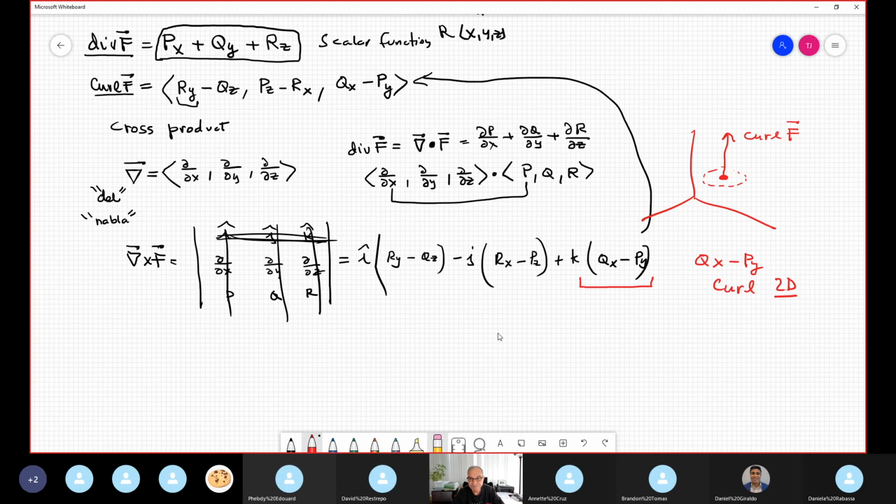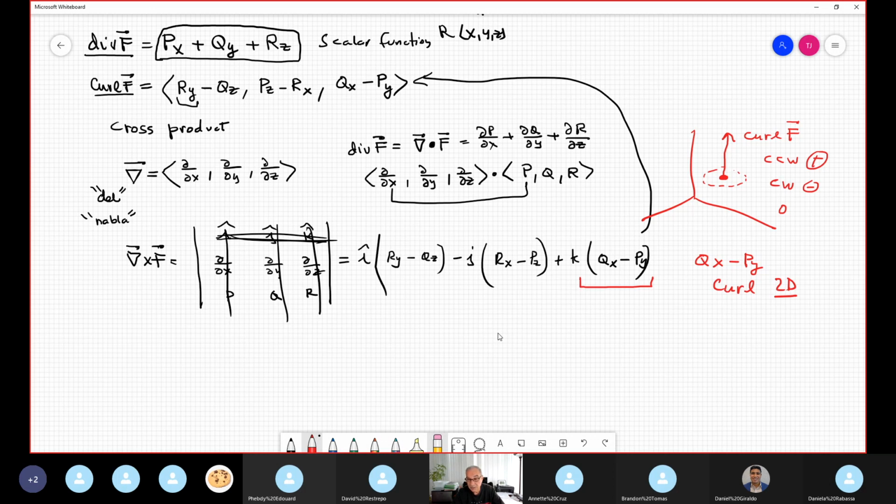And the magnitude of this vector represents the angular speed. A similar idea: if it is counterclockwise, the curl is positive, and clockwise is negative. And zero, no vector, means no rotation, and this is a conservative field in 3D.